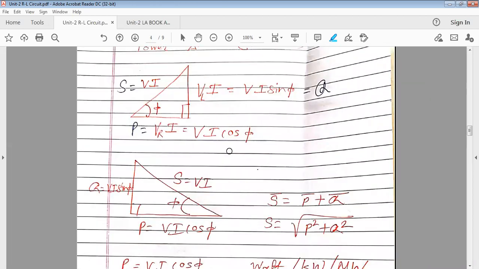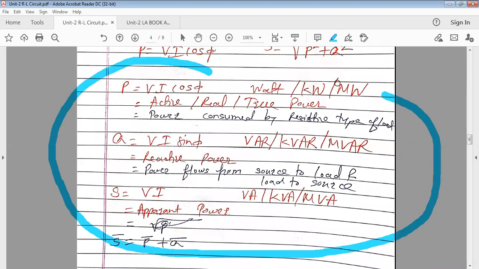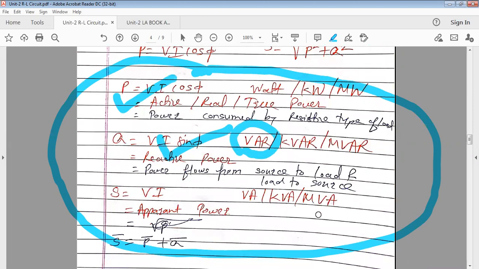Power triangle we have seen: P, Q, S, active, reactive, apparent, VI cos phi, VI sin phi, VI, and the units are watt, VAR. VAR stands for reactive volt amperes, and here VI means volt amperes. Okay. Any difficulty for series RL?